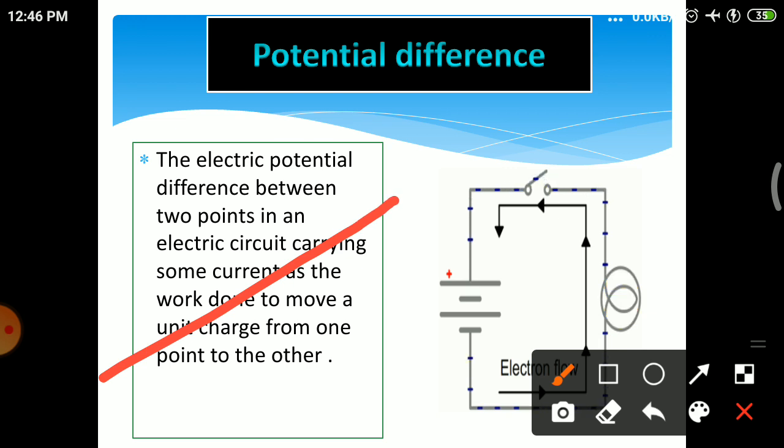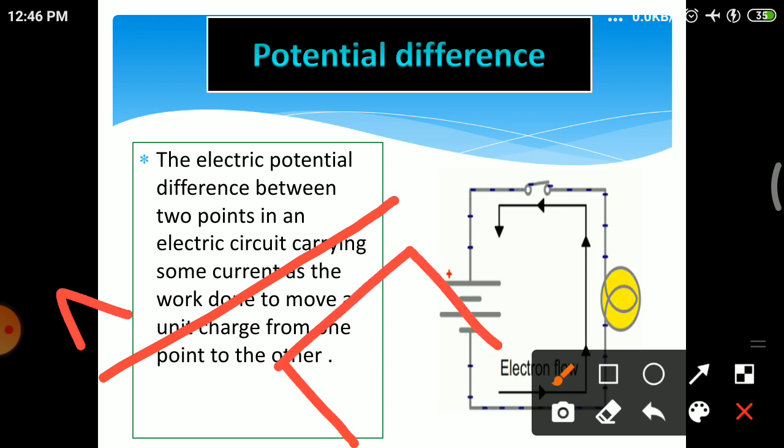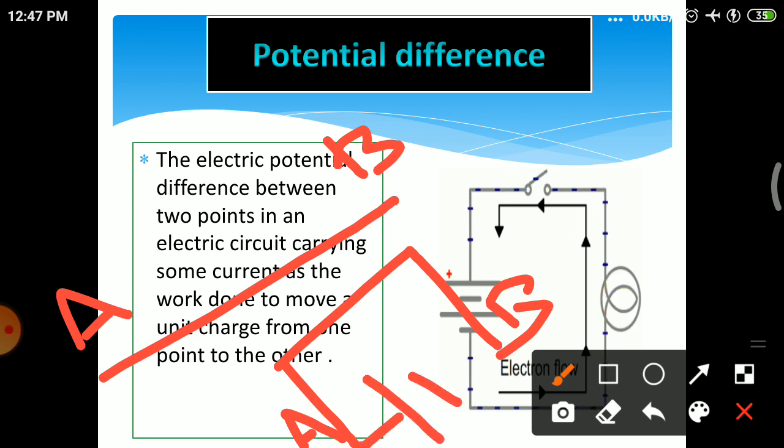For this conductor, I drew it in this way. So this is end A and this is end B. So here I write end A and end B. This end A and B is connected to a cell, that means a battery.